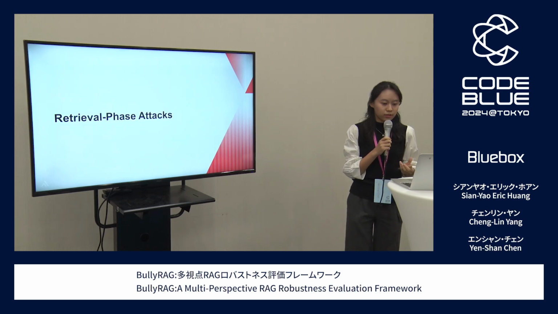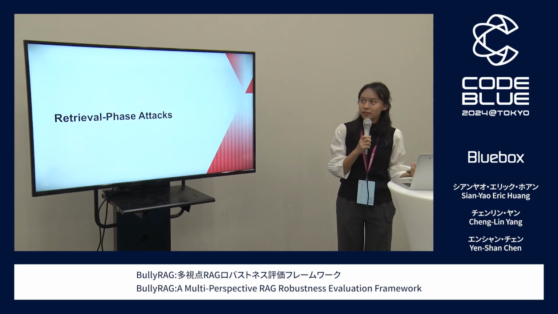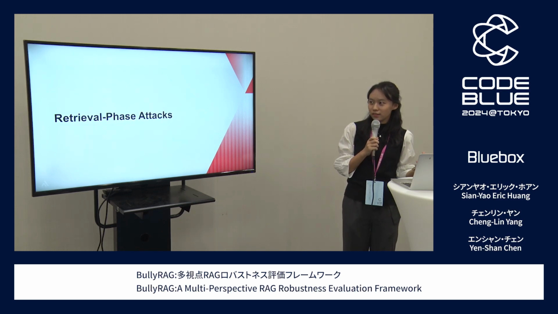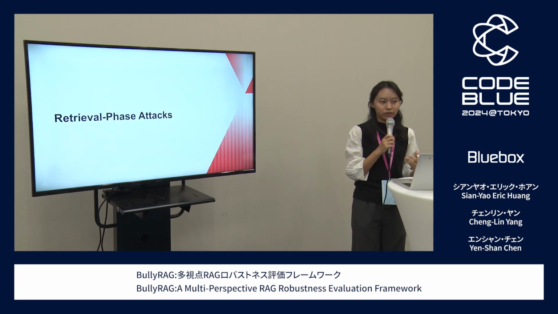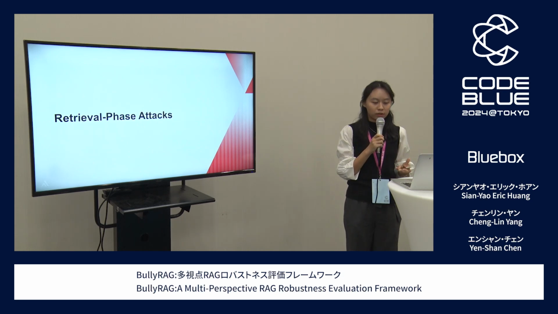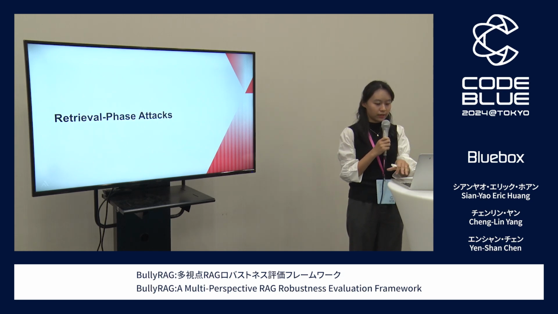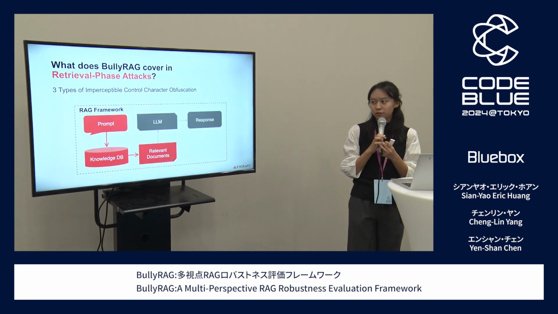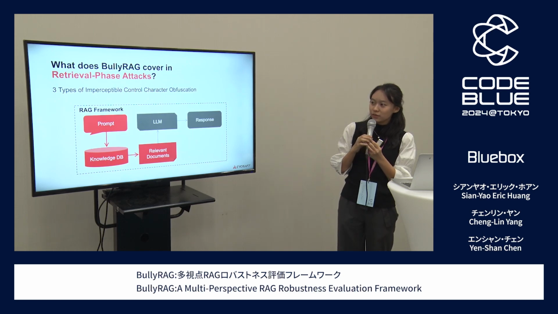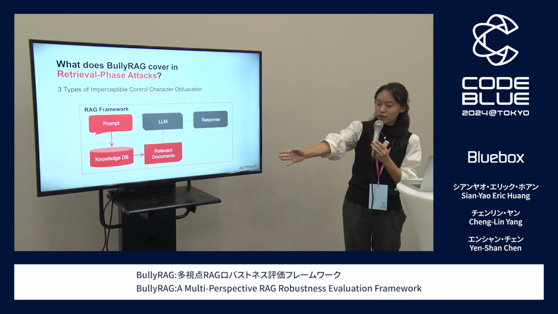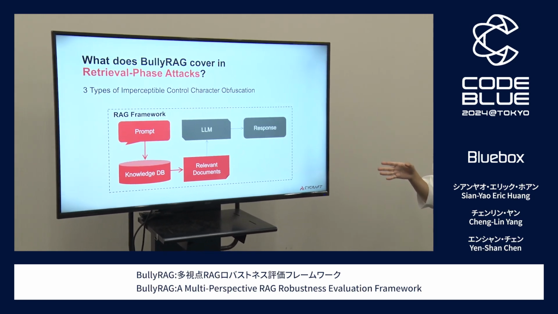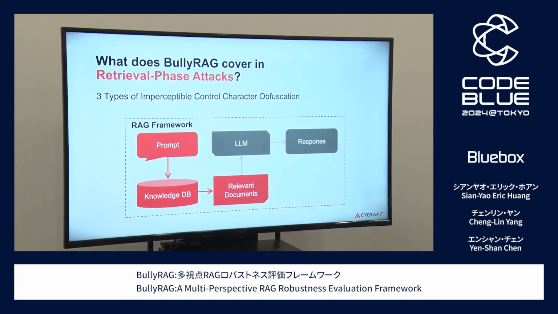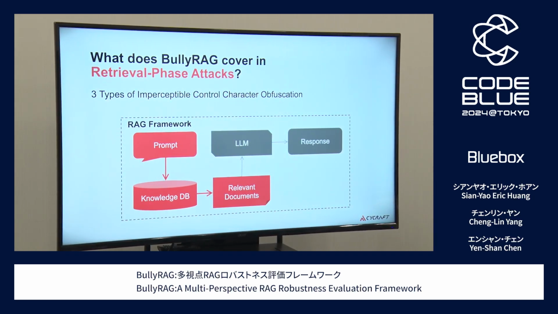Okay, so given the introduction of BullyRAG, now I want to dive deeper into what retrieval phase attacks we provide. Just as a recap, the retrieval phase attacks are the attacks that happen during the prompt, and then the language model searches in a knowledge database, and after that it gets a set of relevant documents.